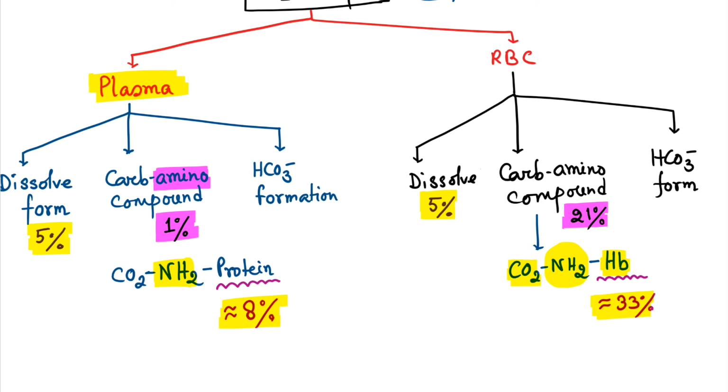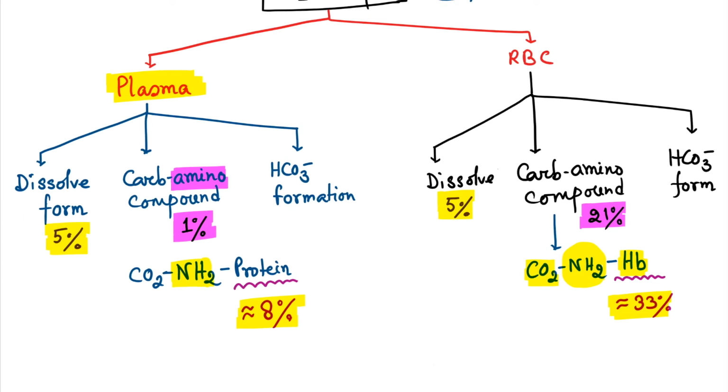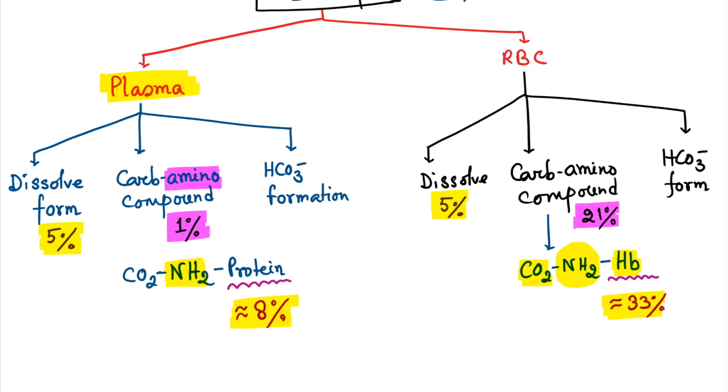Fine. Now coming to the bicarbonate forms. Inside the plasma, the bicarbonate form is only 5%. How the bicarbonate will form, we'll discuss a little later, but I hope you all know this bicarbonate formation is due to the reaction of carbon dioxide with water, which forms carbonic acid, which later on dissociates into bicarbonate.